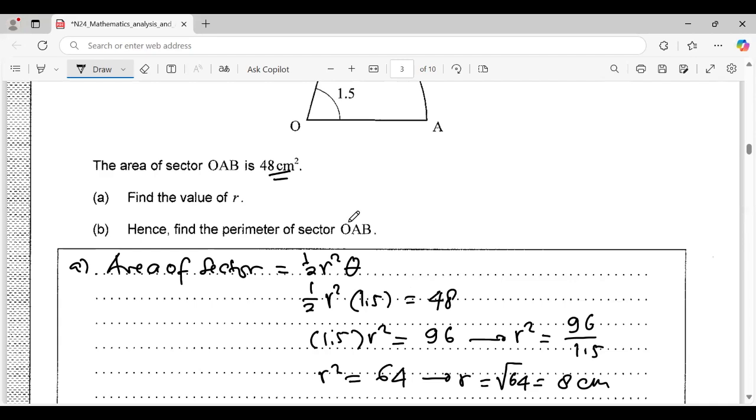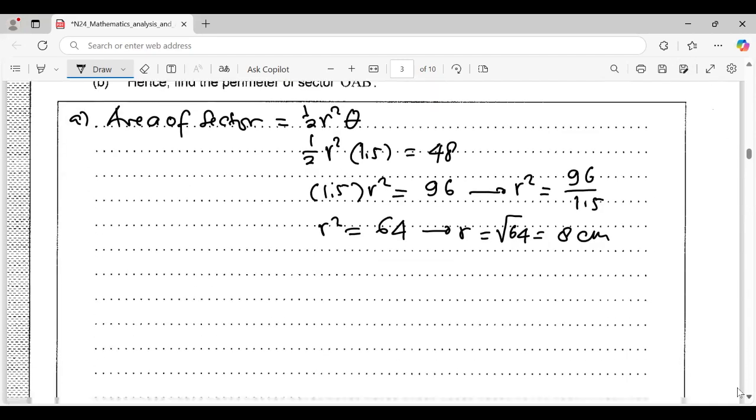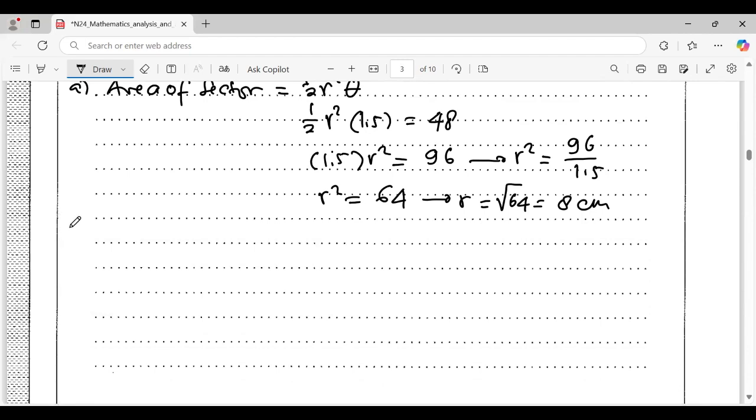Find the perimeter of sector OAB. To find the perimeter, we need to find the arc length first. The arc length equals R, the radius, times the angle theta.